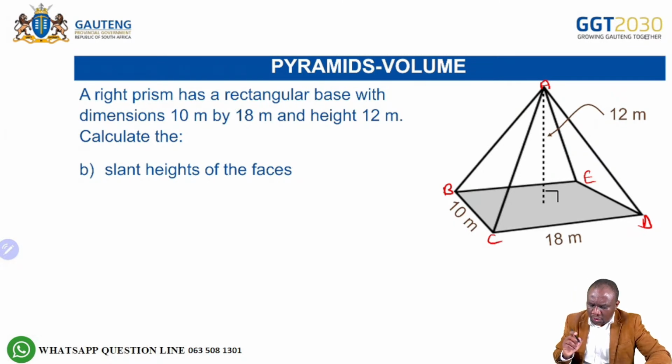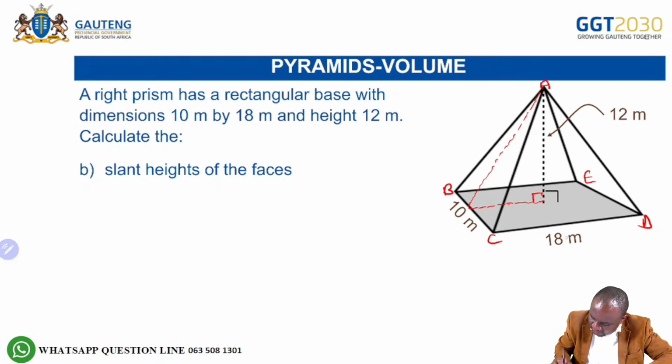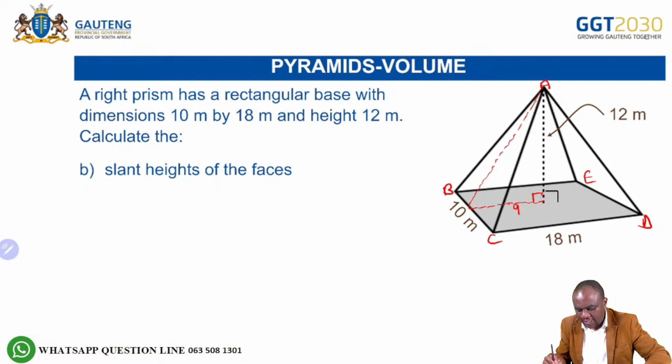Now we are going to find the slant height for triangle ABC, which is different from the slant height of triangle ACD. So let's start by finding this one. This is 12, and then the distance from there will be 9, because CD is 18, so half of 18 is 9.